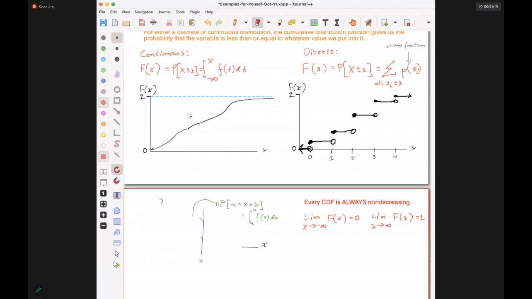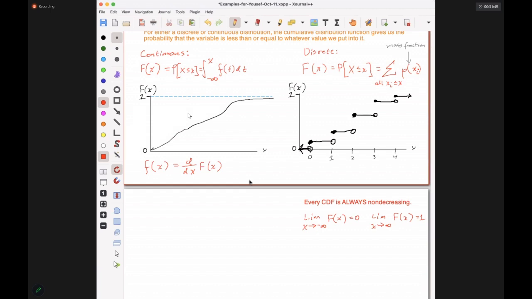And for the continuous case specifically, not for the discrete, but only for the continuous, the density function here, f of x, is equal to the derivative with respect to x of large F of x, the CDF.